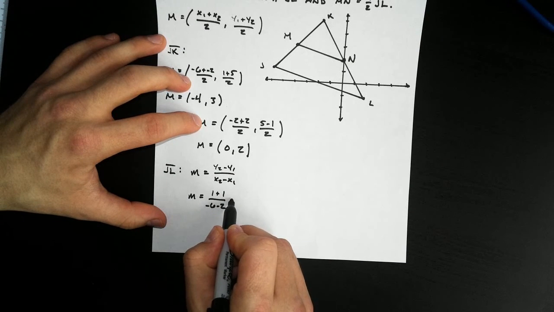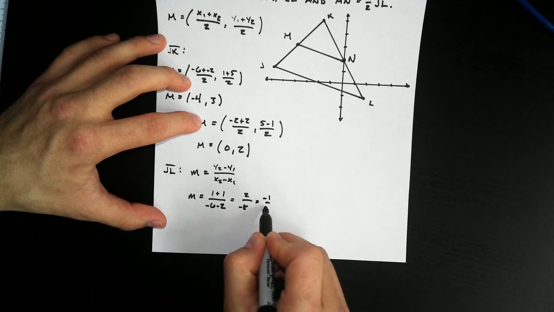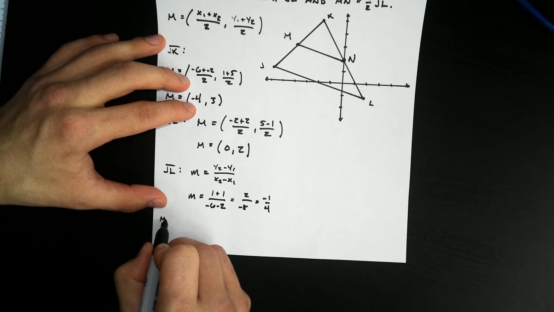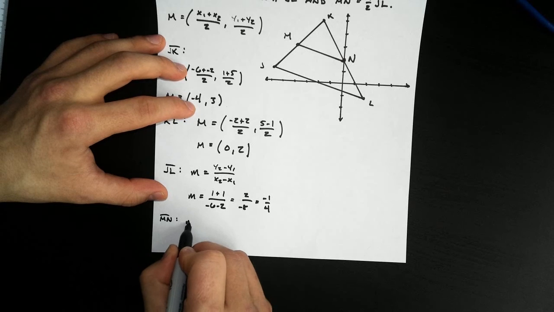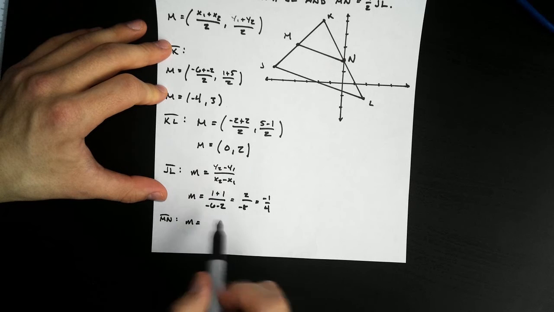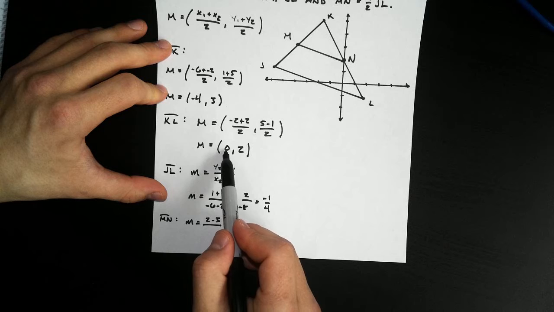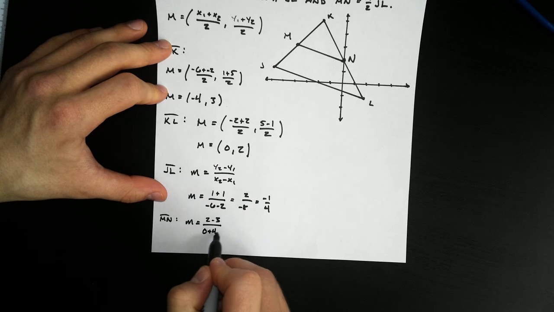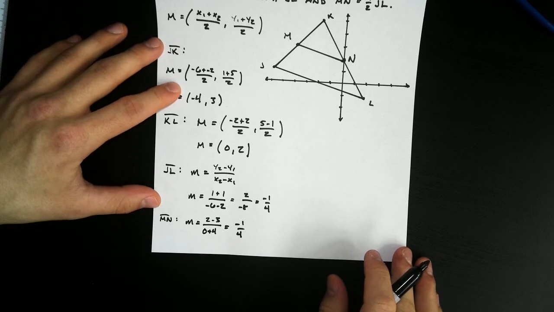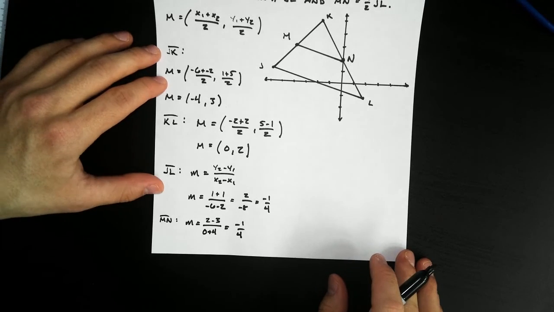So we end up with 2 over -8, which is -1/4. Let's do the same thing for MN. So our 2 points here, the two y values, 2 minus 3, and the two x values, 0 minus -4, which also ends up being -1/4. So they have the same slope, so therefore they are parallel.